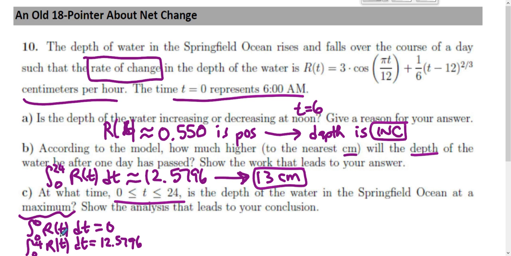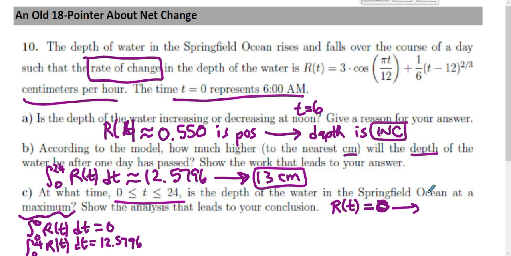So normally, if we're looking to find a maximum on a closed interval, we take a derivative, set it equal to 0, and solve. Well, what's the derivative of an integral function? It's this. So we are looking for where r of t is 0. This is the derivative of the function that measures the depth of the water.